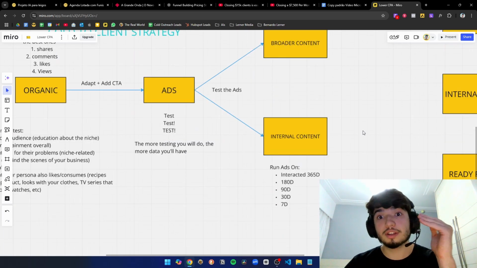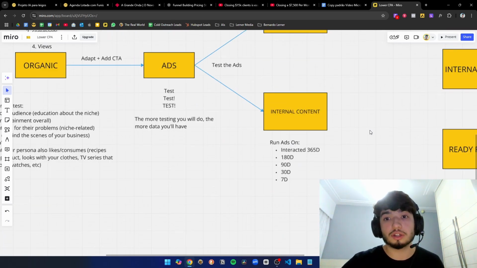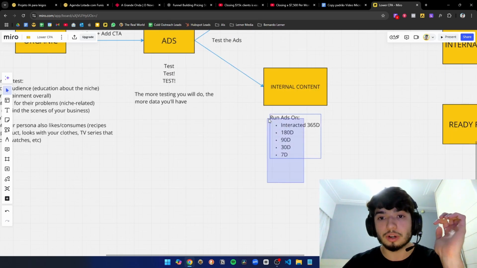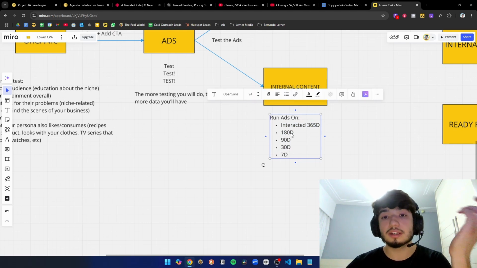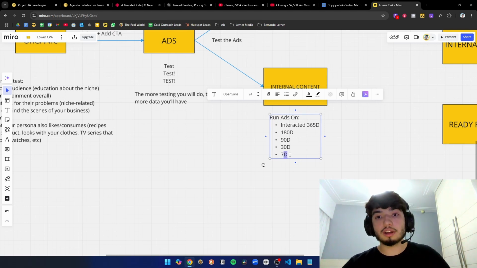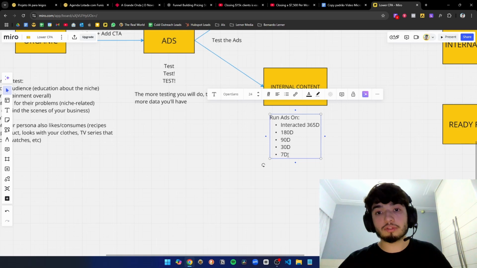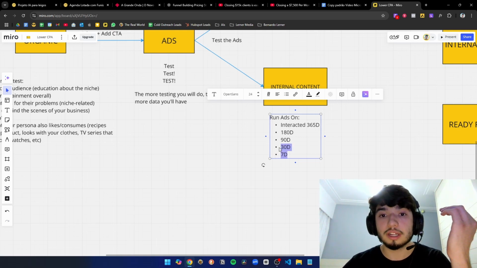And if it's for people who already know you and your brand, you should mainly run ads on people who've interacted with your account in 365 days, a year, 6 months, which is 180 days, 90 days, 30 days, and 7 days. For the likelihood, actually, people from 7 days tend to buy more than people who are on 30 days and people who are on 90.